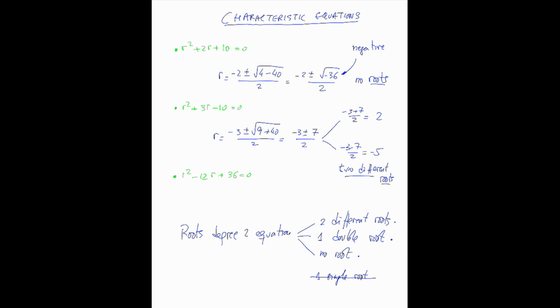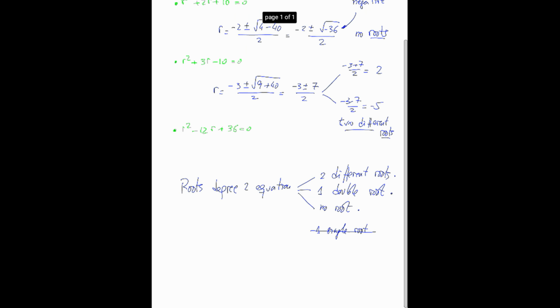The last case, r equals minus b plus minus the square root of b squared minus 4ac, divided by 2a. Let me write this in a slightly different way so you understand. This is 12 plus minus 0 divided by 2.